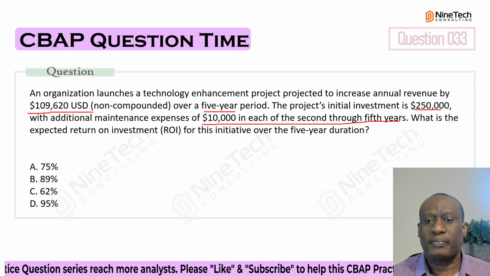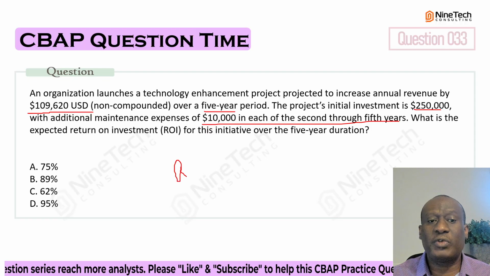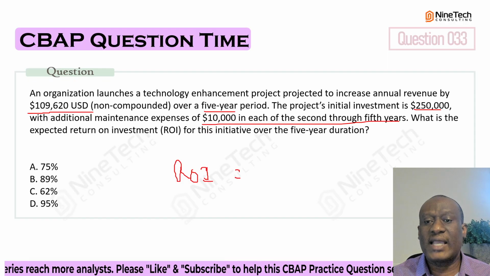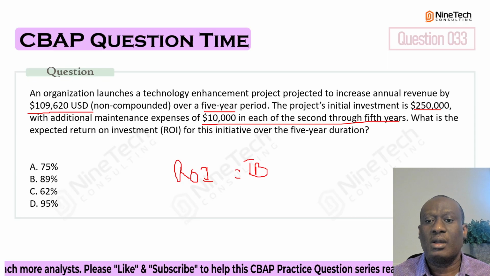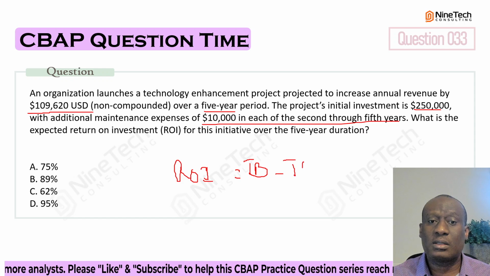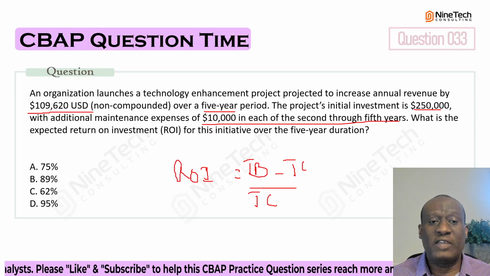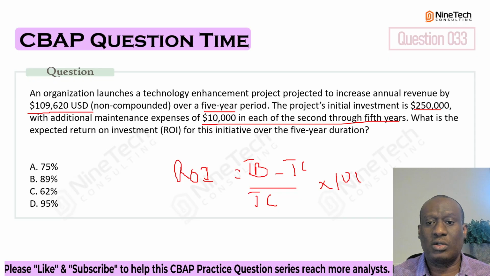Okay, good question. Now, if you check the BABOK, the formula for return on investment is the total benefits minus your total cost divided by your total cost. Now, if you want this as a percentage, then you multiply by 100%.